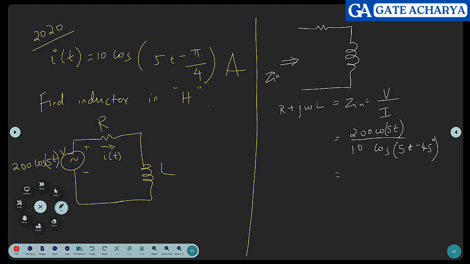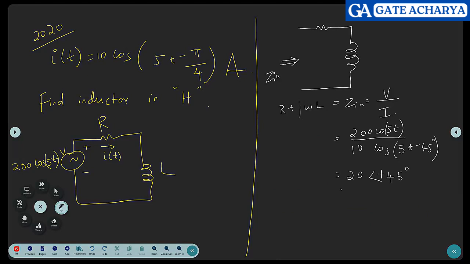Now, can you convert this to a complex number? Magnitude and phase. So far we took the complex number into the sine. Now can you convert what is in the sine into a complex number? What is the magnitude of this? 20. What is the angle? Plus, the denominator has minus 45, so plus 45 degrees.